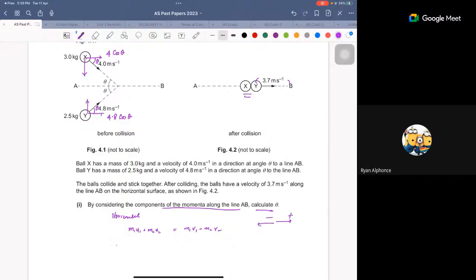So m1 was 3 and the velocity was 4 cosine theta. m2 was 2.5 and it is 4.8 cosine of theta, equals, afterwards they both combine. So 3 plus 2.5 is the mass, and they're moving at the same horizontal velocity, which is 3.7.